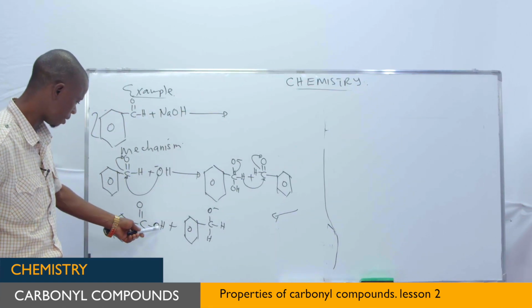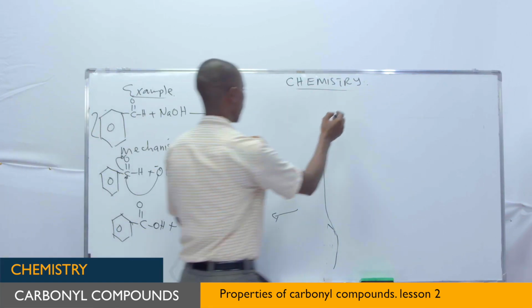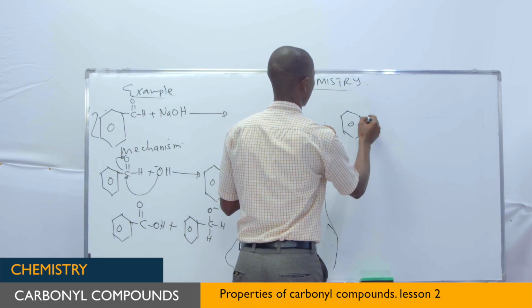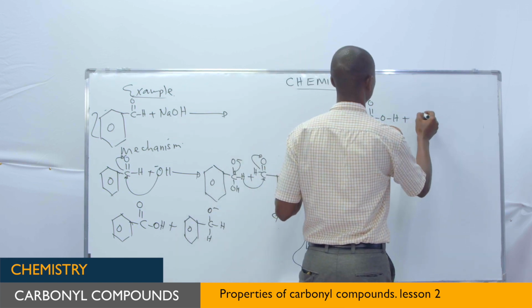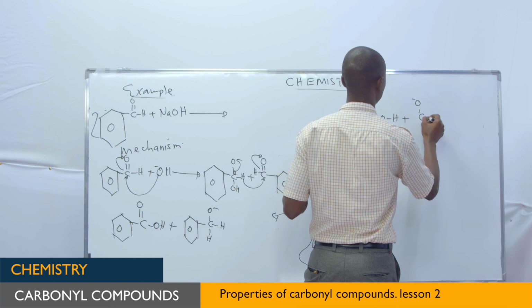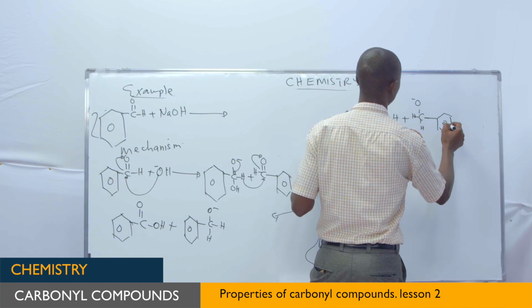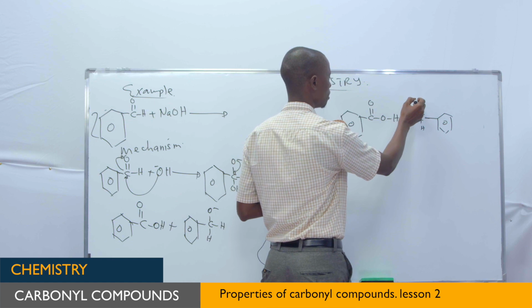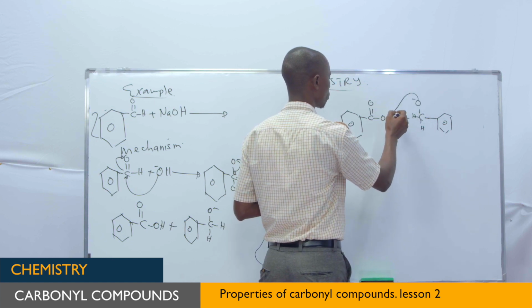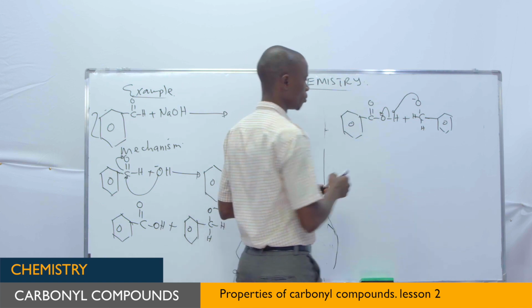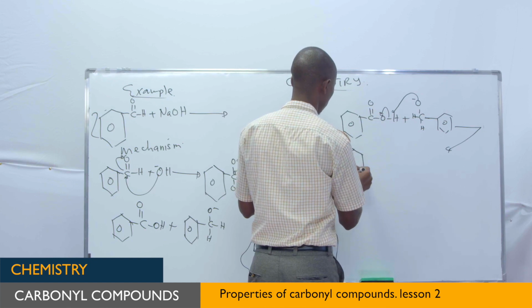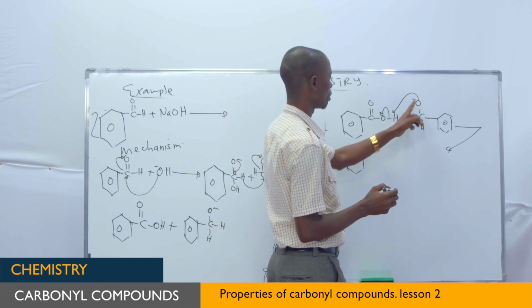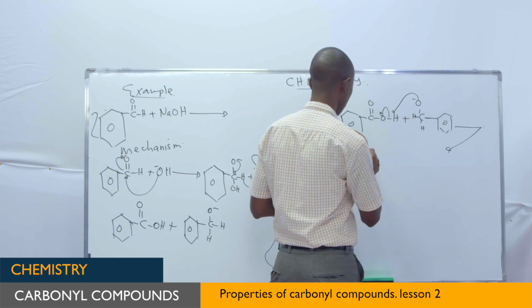Now, because this benzoic acid can release a proton, we can arrange it this way. Now this proton will be released, and this attacks this proton, making the electron move that way. So the final product here, we are going to have this one. When this proton is taken here, alcohol will be formed. This is benzyl alcohol.